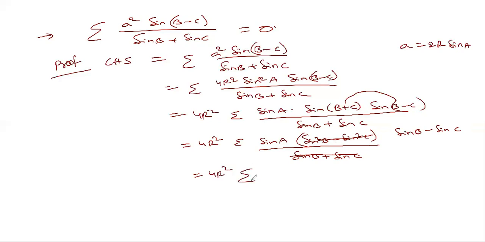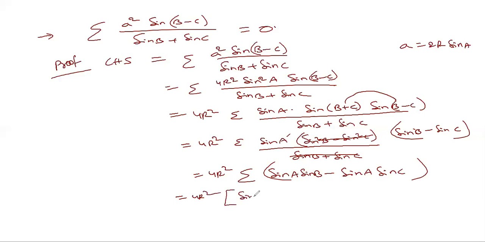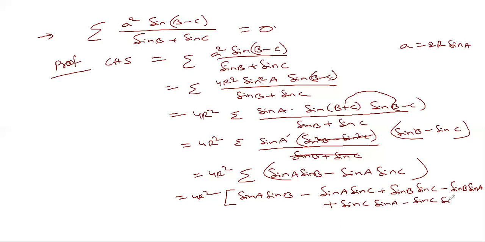So 4R² sigma sin A into (sin B − sin C), multiplying with sin A, you have to remember: sin A sin B − sin A sin C. We have to expand this in the next step to get the answer. 4R² into (sin A sin B − sin A sin C) plus, in place of AB, BC, CA, cyclicity we are going to apply: sin B sin C − sin B sin A plus sin C sin A − sin C sin B.